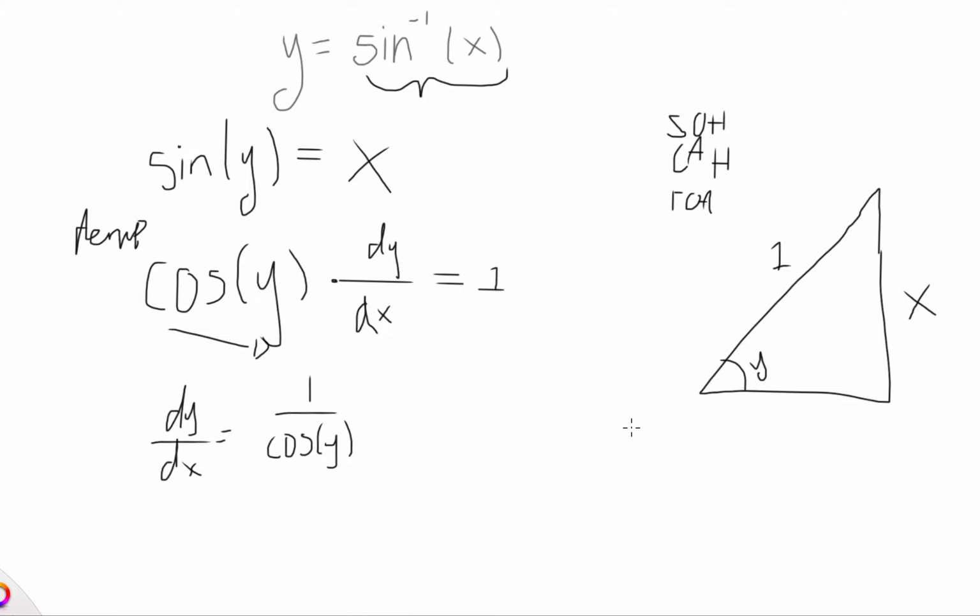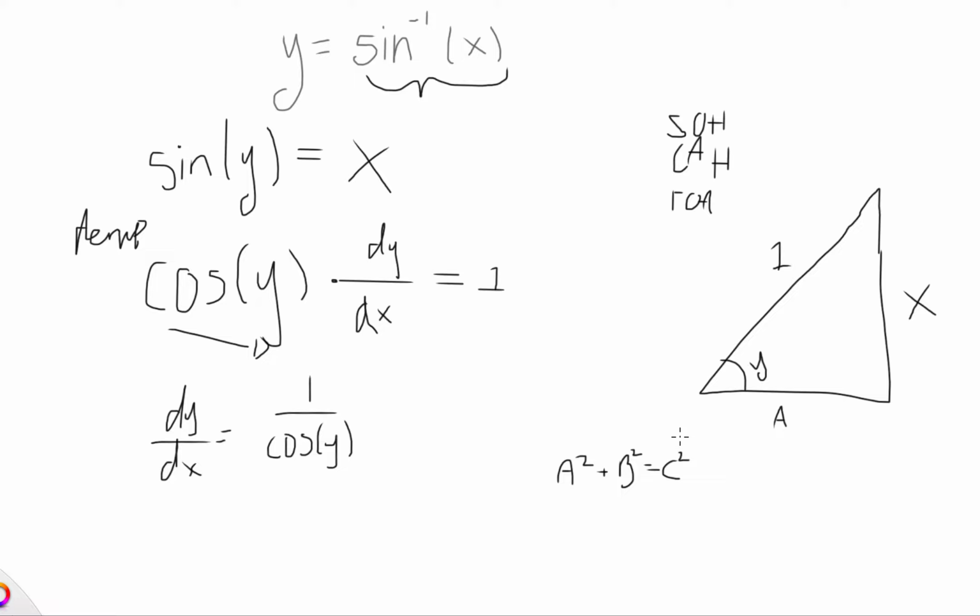Now we're trying to find cosine of y, and cosine of y requires the adjacent. Unfortunately, the adjacent is something we don't know. But we can figure it out using the Pythagorean theorem. We know that a squared plus b squared equals c squared.